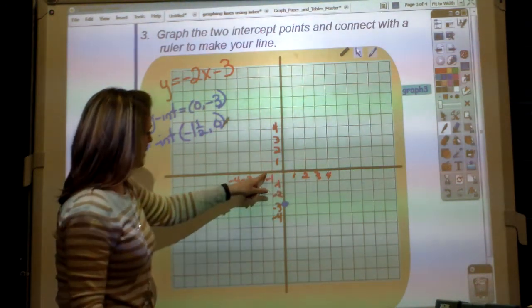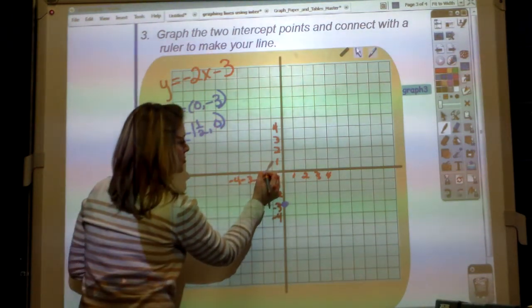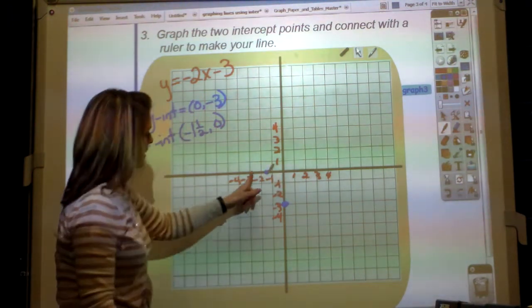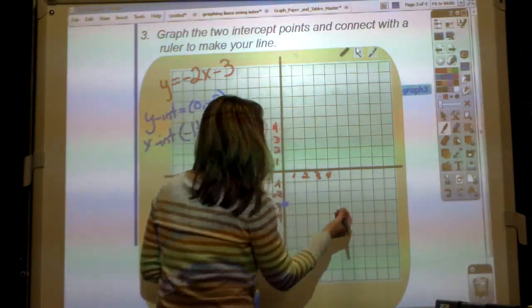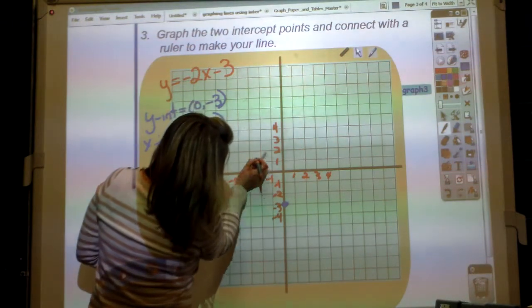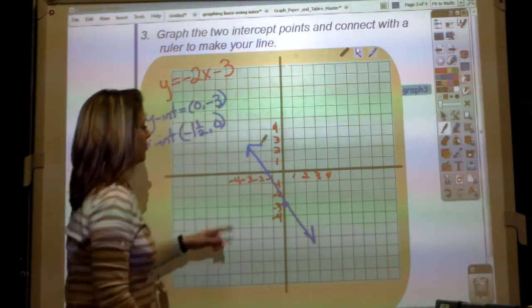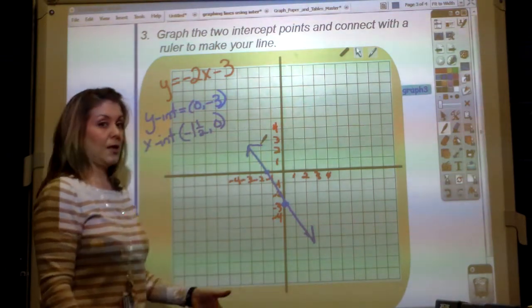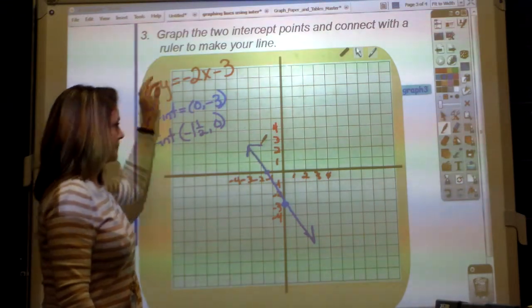So it's at -1.5, which is right between -1 and -2. So that's where it's going to cross the x-axis. Now you can take your ruler and connect those. I'm going to do it very quickly with that one. But that's going to be what our line will look like for y equals negative 2x minus 3.